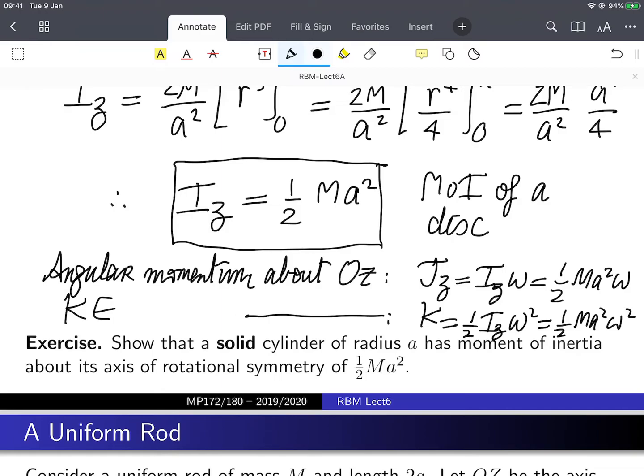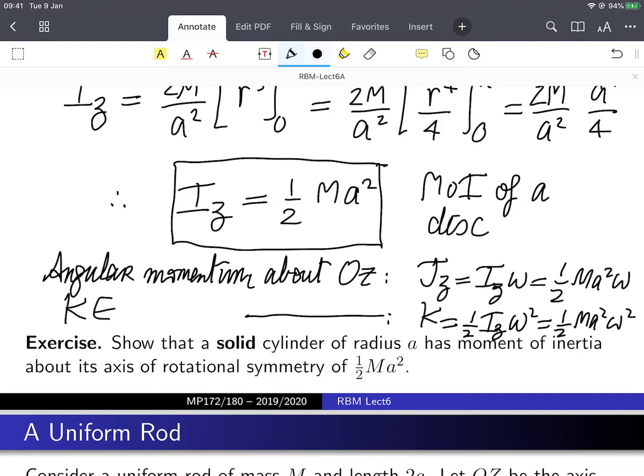Moment of inertia is to rotation what mass is to motion of a particle. And then, sorry, angular velocity is the counterpart to velocity for a particle. And 1/2 m v squared, or 1/2 I omega squared.